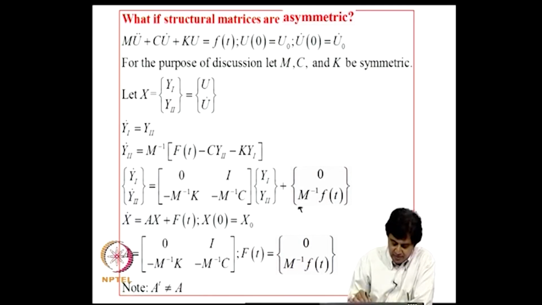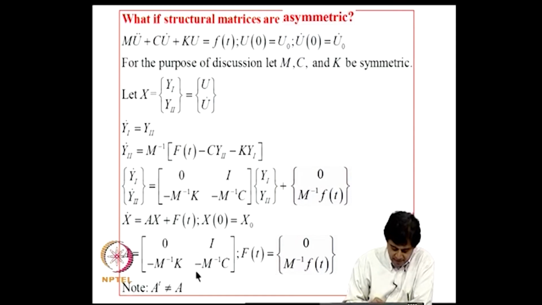Now if I rearrange these terms in a set of 2n first order equations, I get this equation. So I can write this as x dot equal to Ax plus f of t. Now this A matrix here is a 2n cross 2n matrix. You can see this A matrix is clearly not symmetric, okay.